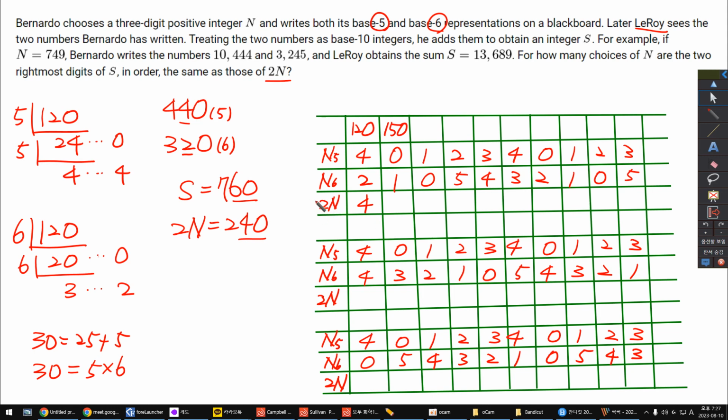And in terms of 2n, 2n is adding 60. So 60 means the tens digit will increase by 6. Once again, adding 6 is like subtracting 4 if we use base 10.